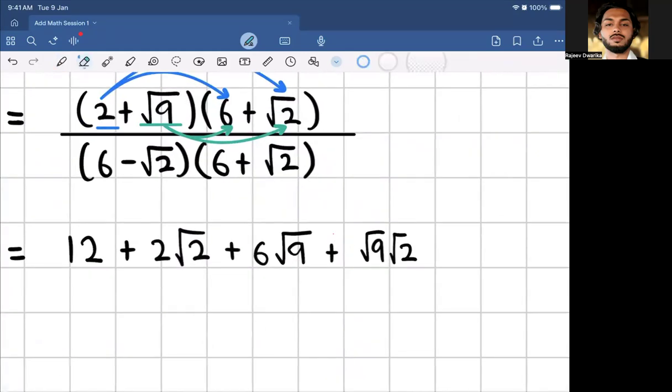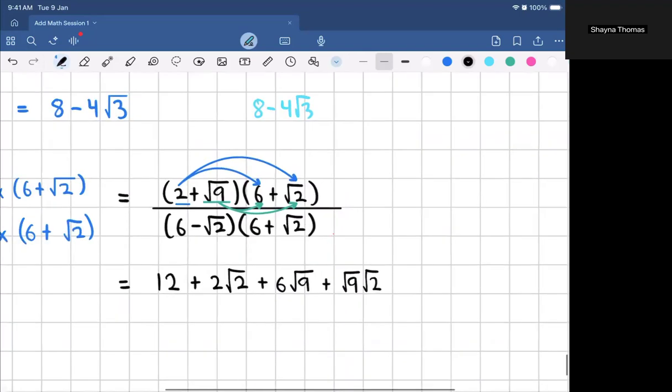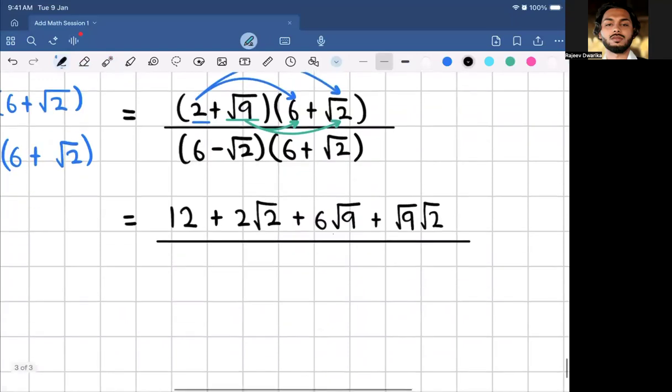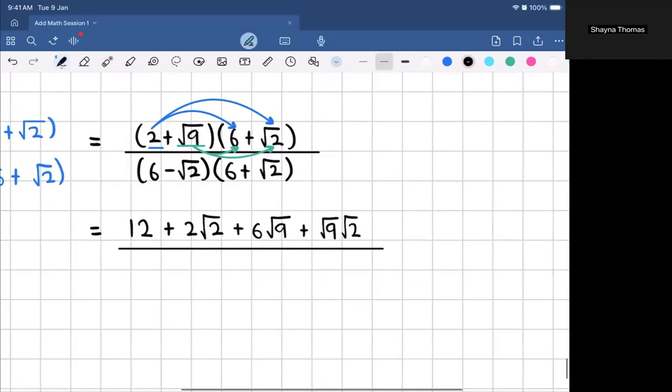Shayna, are you back? Yes, sir. Okay, look at this and tell me if you're confused. No, sir. So tell me what to do in the denominator now. What is A and what is B in the denominator? 6 is A. And what is B?